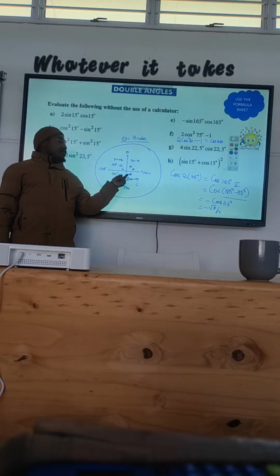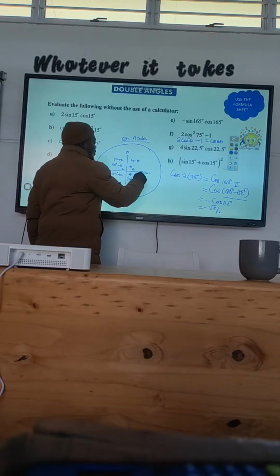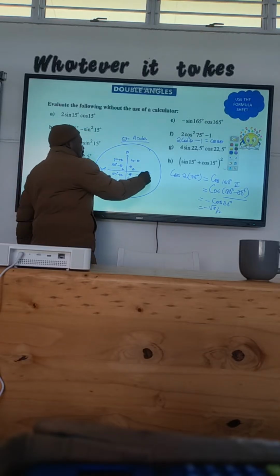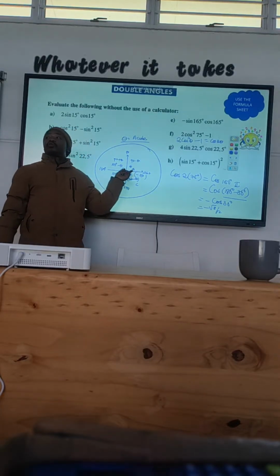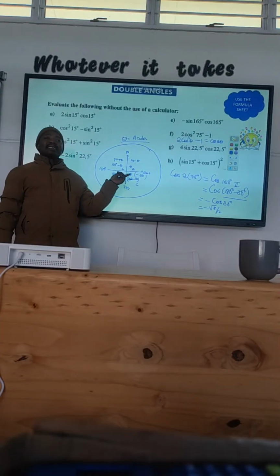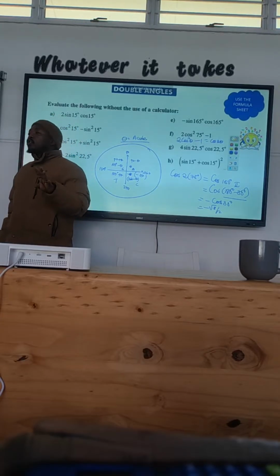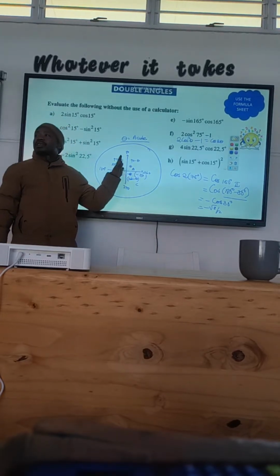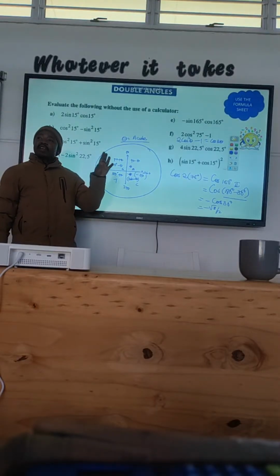In the fourth quadrant, you can have a negative theta. If you have a negative angle, and that angle is acute, you know that you're in the fourth quadrant. Or you can have 360 minus theta. It will tell you that you are still in the fourth quadrant. So this is your toolbox you need to know. Once you know this, trigonometry will become very, very easy.